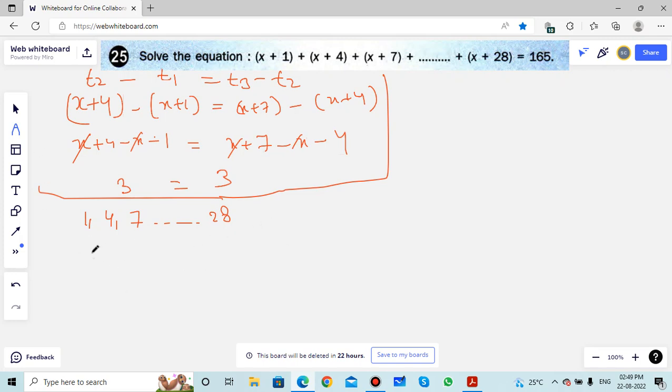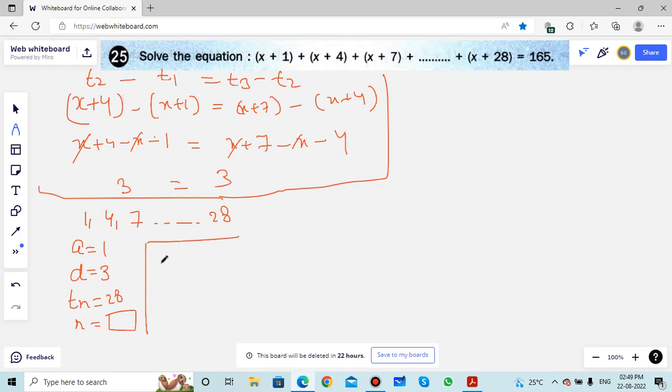So a in this case is 1, 4 minus 1 is 3, so d we already know is 3, and the last term, tn, is 28. So what is n that we have to find? And once we find n, then we can apply that.